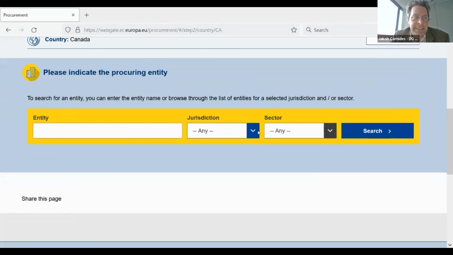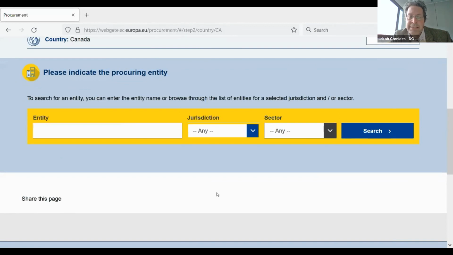Suppose you have visited the purchasing website of the Canadian government, called Canada Buys, and there you have found information on a procurement, and you're wondering, is this open to European bidders?